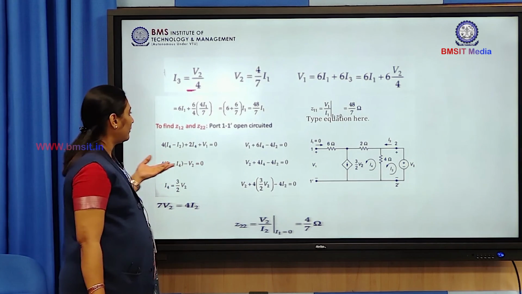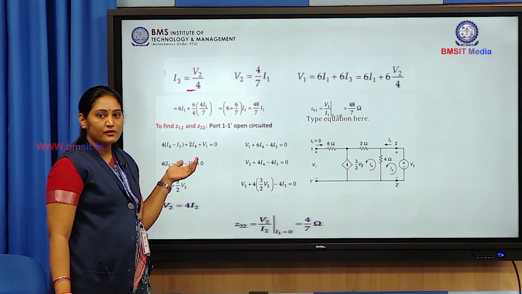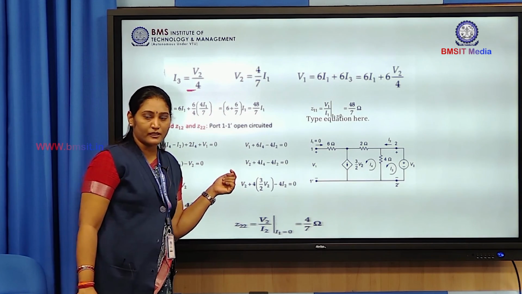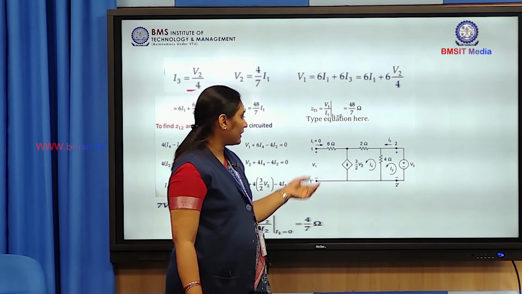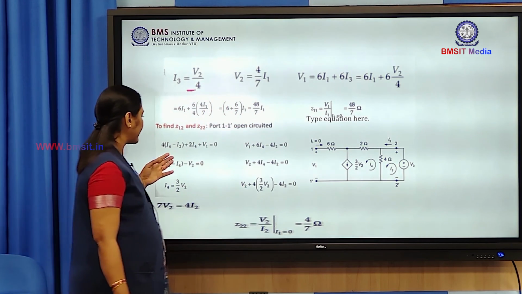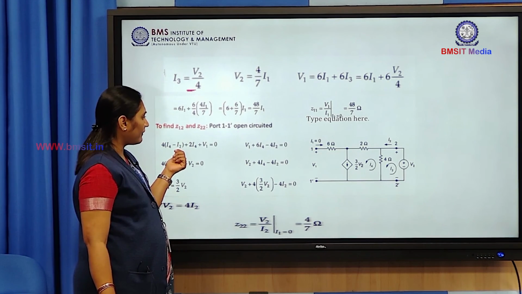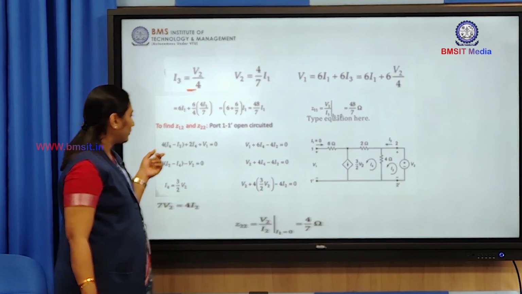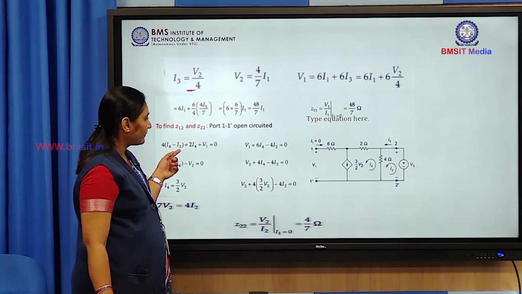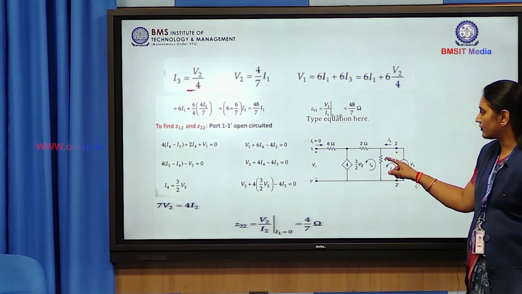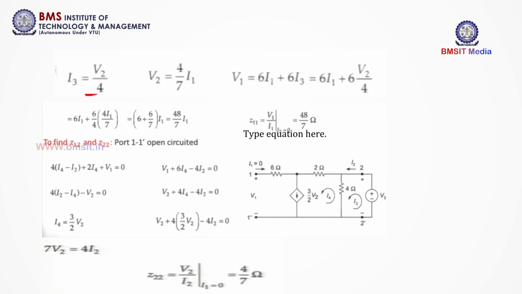Now it is time to find the other two parameters, Z22 and Z12. By open circuiting the first port, that is port 1 dash, we can evaluate the other parameters for this network. We apply KVL through the 4 ohm, with 4 into I4 minus I2, plus I2 into I4 again, plus V1.